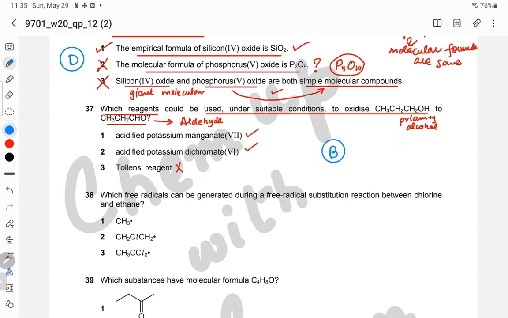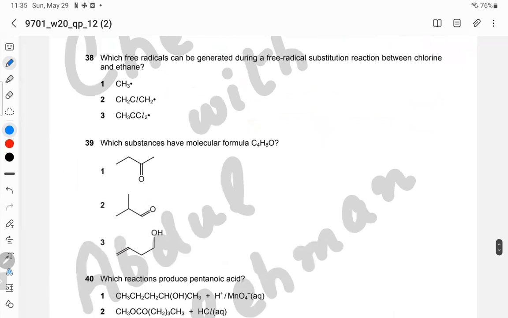Okay, now question number 38. Which free radicals can be generated during a free radical substitution reaction between chlorine and ethane?